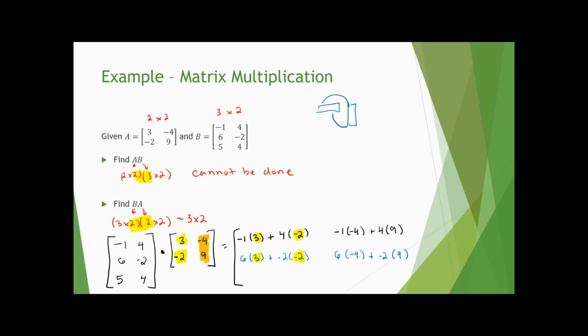So once you've written that second row, and you've done both columns, then you move on to the third row. That would be 5 and 4, and then you multiply that by the first column.